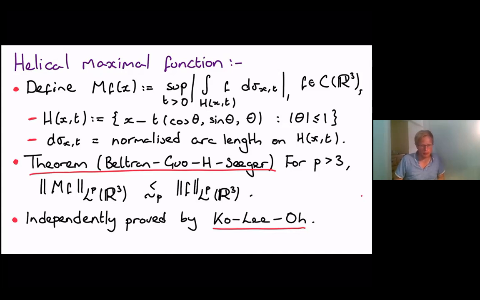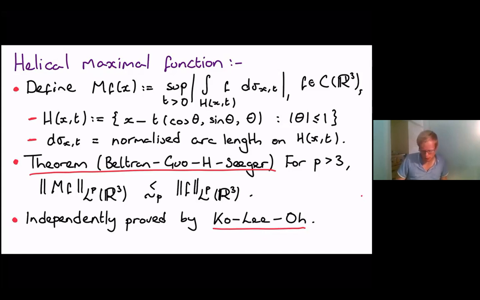I should point out that, in the same week, a group in Korea, Ko and Lee, proved the same result. There are definitely some similarities between our methods, but I think there are also some essential differences, so it's nice that the two papers in some sense complement one another. Are there any questions about this definition before we go on?